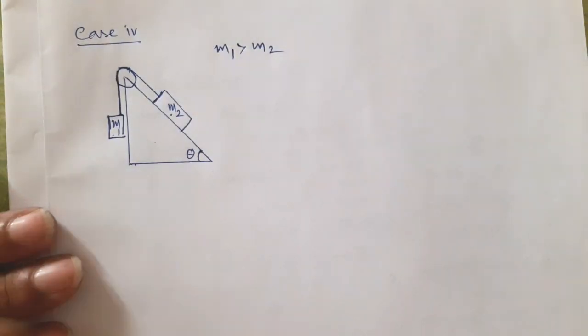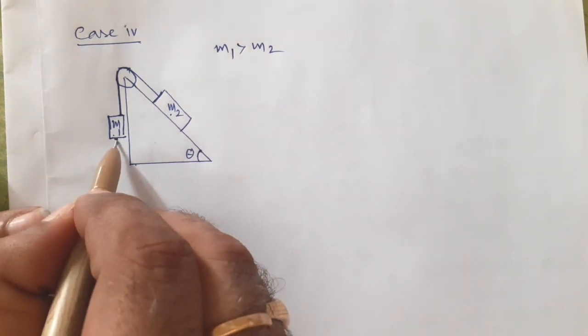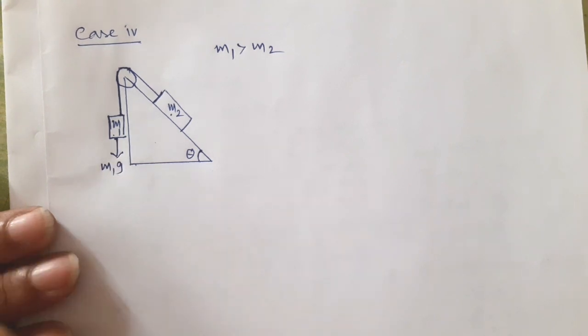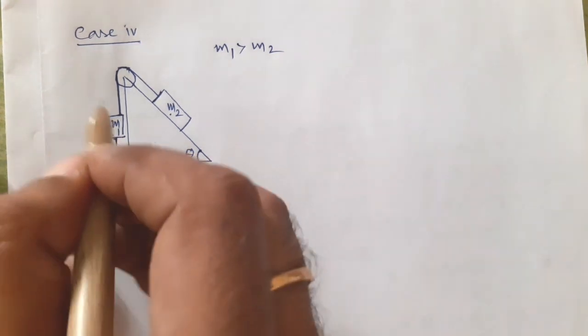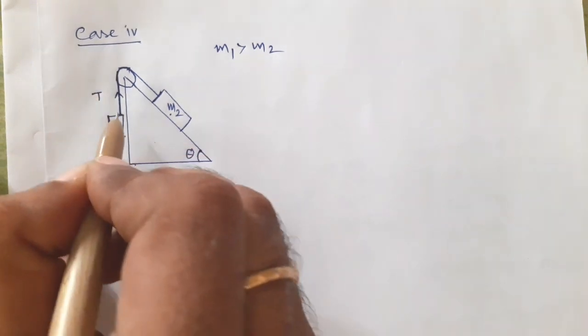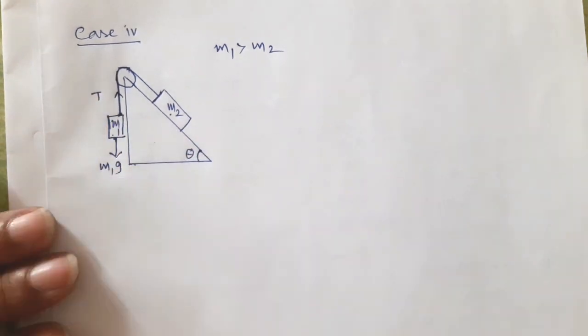If m1 is greater than m2, you can say this is the weight of the body, that is m1g. If the weight is in the downward direction, tension is in the upward direction, because this is the point of contact.